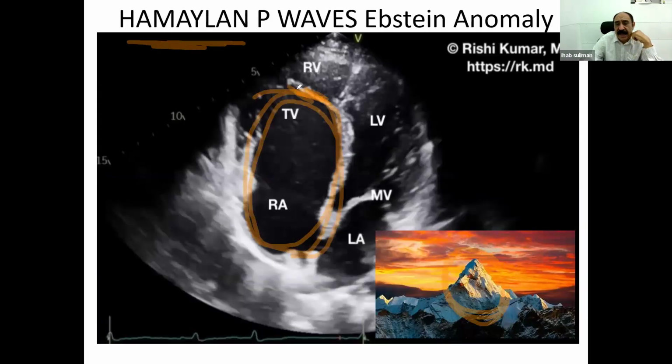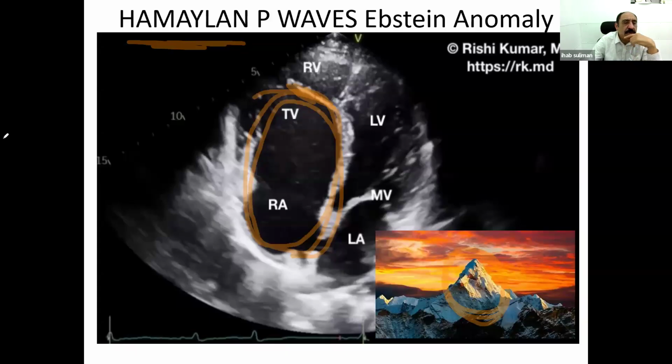The tricuspid valve is migrated towards the apex of the heart. And usually, the P wave will be like 5 millimeters in height in patients with Ebstein anomaly. Sometimes it can occur with tricuspid stenosis or tricuspid atresia.